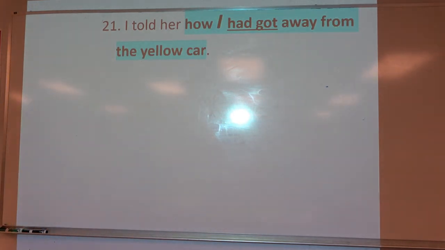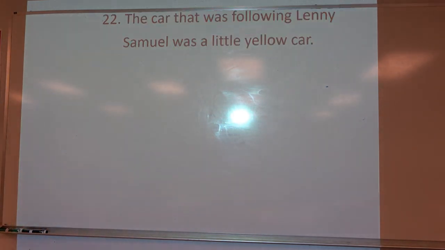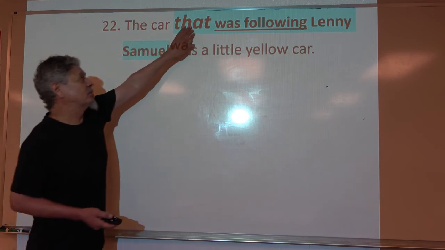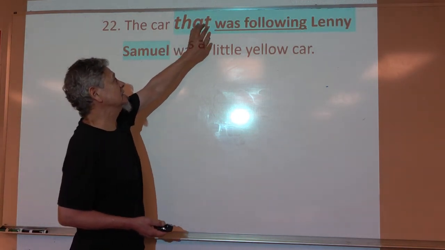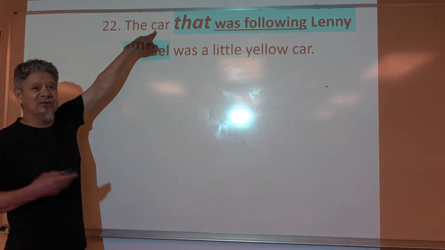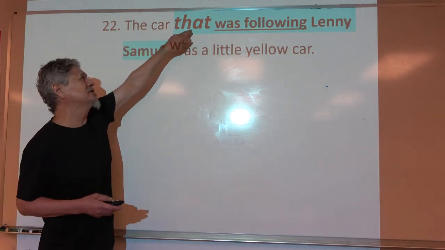So that's it. Okay. So there's one more for Jessica. Go ahead, Jessica. The car that was following Glennie somewhere was a little yellow car. Dependent clause? That was following Glennie somewhere. Excellent. And that's a relative pronoun because it's the subject of this verb. This is the car. We don't know which one, so this is essential.